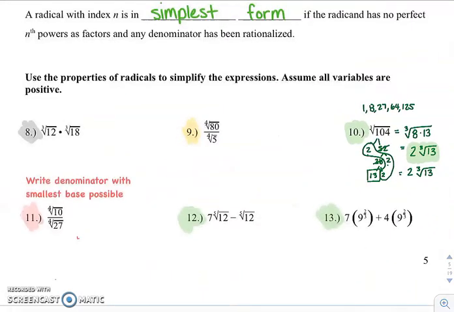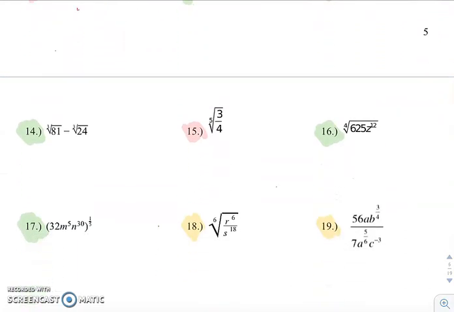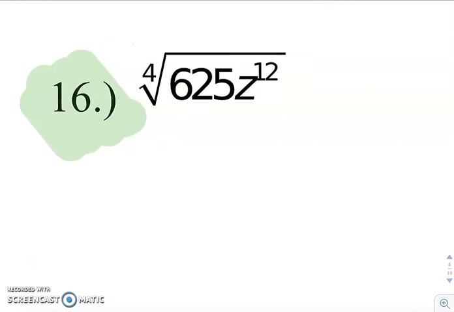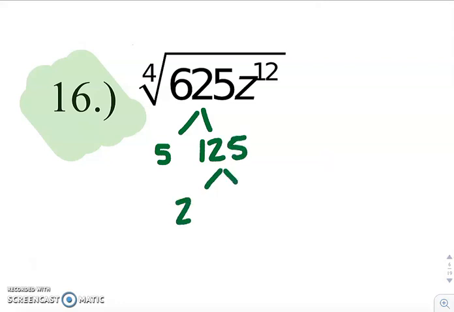Let's jump around a little and look at number 16. Some of you might notice that 625 is a perfect 4th power, and its 4th root is 5. But for the sake of learning the process, let's factor 625. 5 and 125, 25 and 5, 5 and 5.